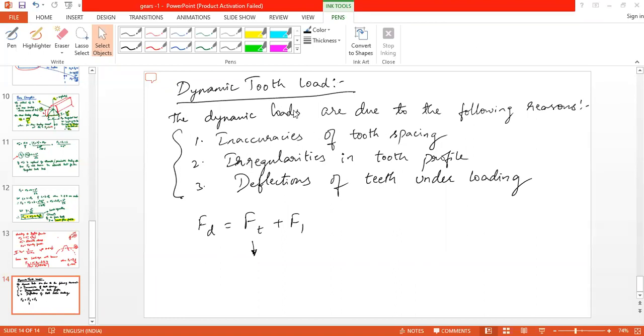And this load is created because of inaccuracies and irregularities in the teeth profile and the deflection of the teeth under loading. And this is the actual load. The dynamic tooth load is the actual load on the gear tooth. So this FD is the dynamic tooth load, and this FT is definitely not from the Lewis equation.